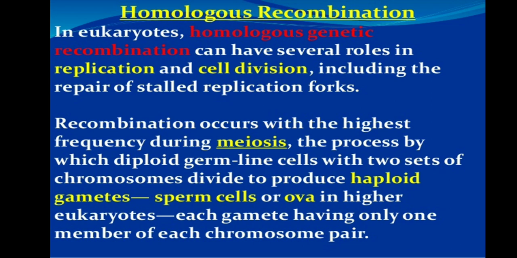Recombination occurs at high frequency during meiosis, the process in which chromosomes are divided to produce haploid gametes, sperm cells or ova in higher eukaryotes. So each gamete has only one member of the chromosome pairs.